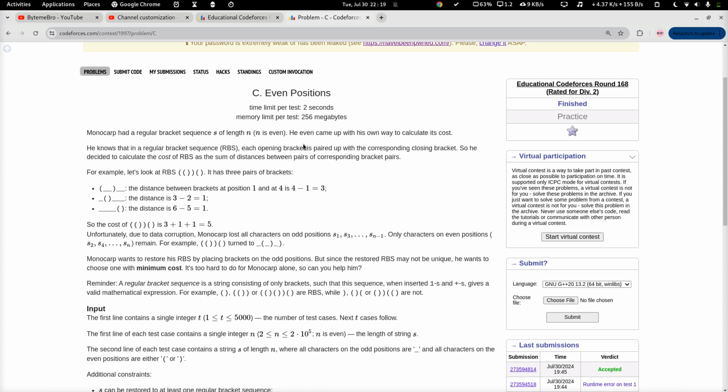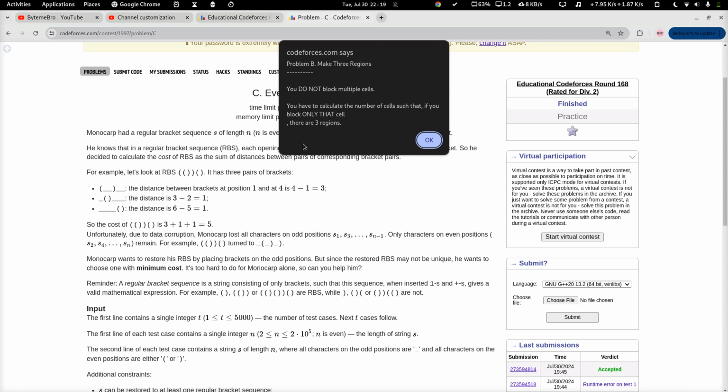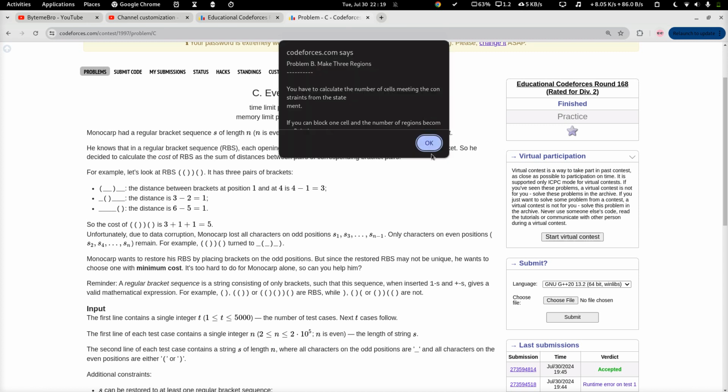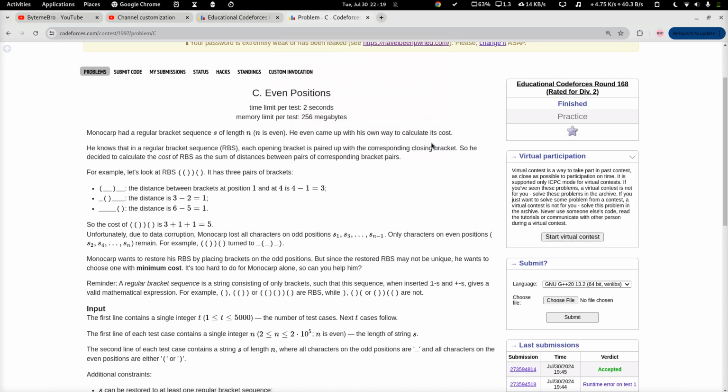He even came up with his own way to calculate its cost. So let's look at this RBS. It has three pairs of brackets. This is the first one.